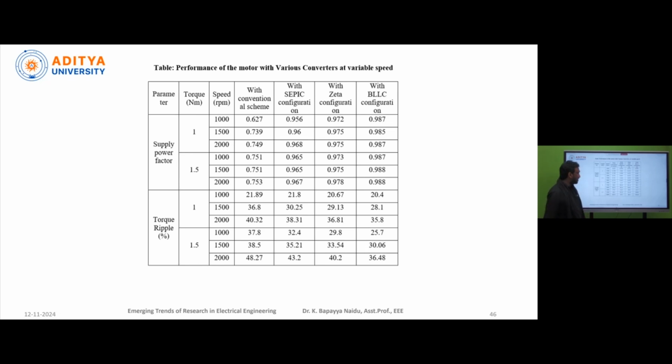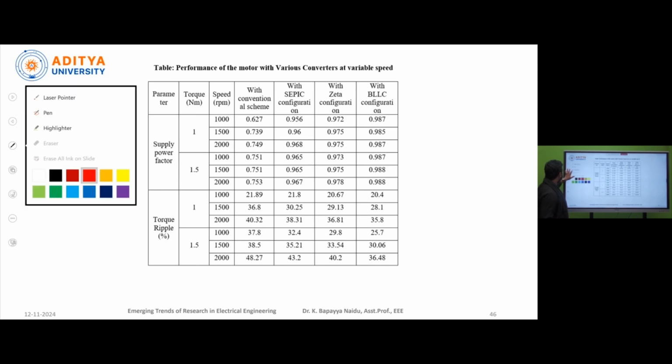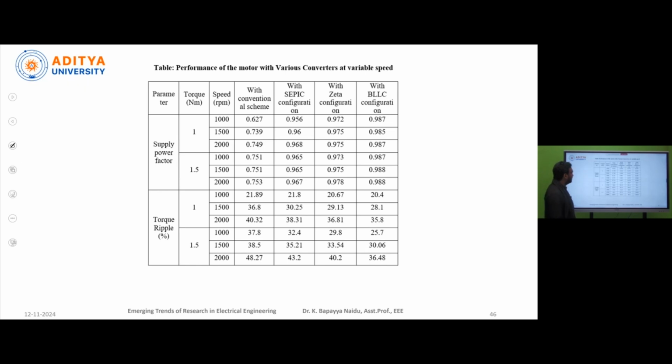Okay. Welcome back to the session. Up to now, we have discussed different types of power factor converter topologies: SEPIC, Zeta configuration and BLLC configurations. Here, we are connecting these power factor converter topologies to our brushless DC motor.